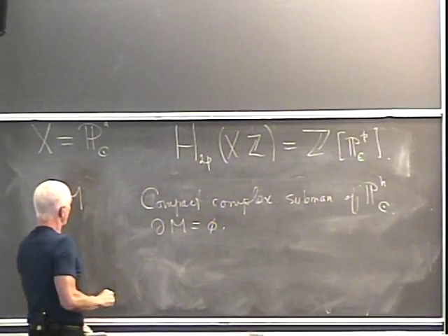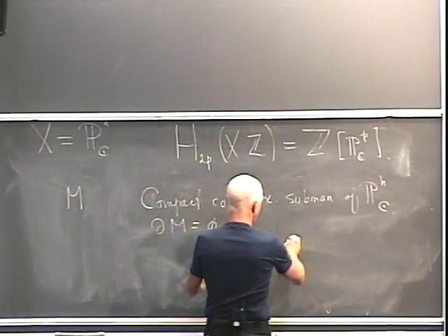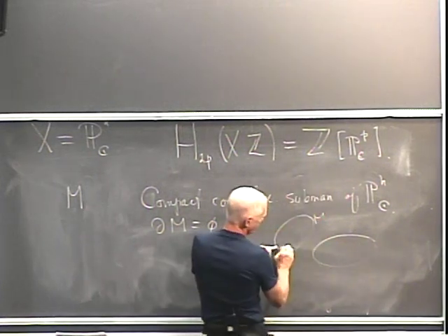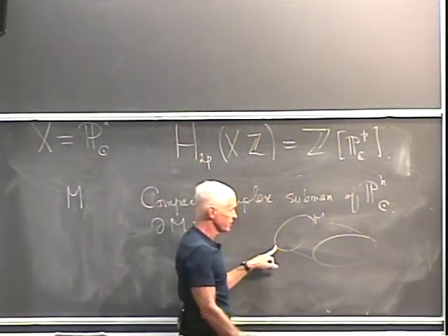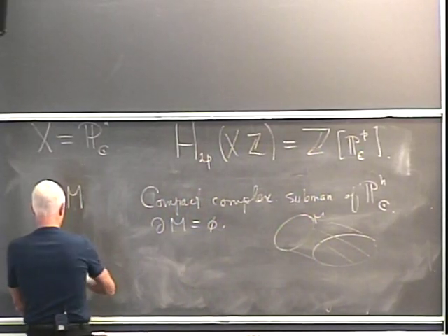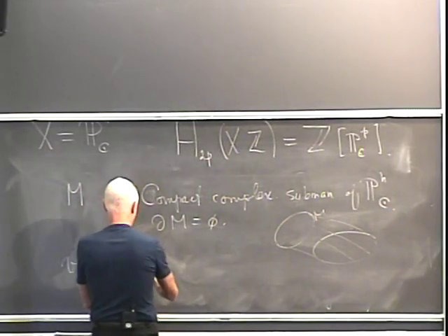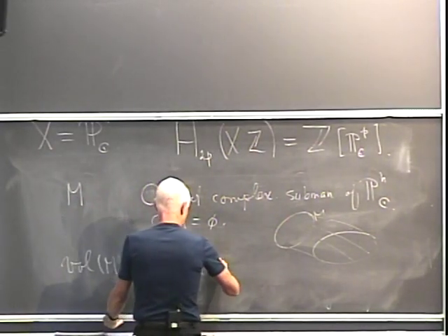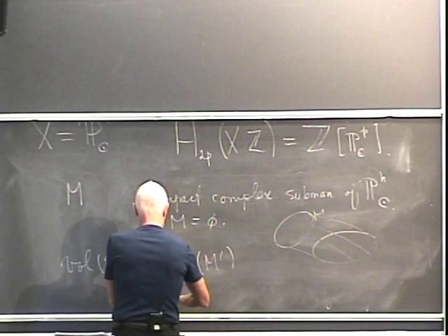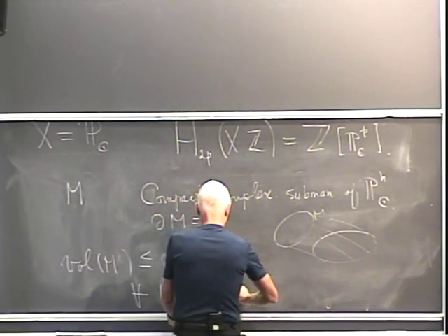Then when you say that M is homologically minimizing, it means that if I have some other M prime with the property that the two represent the same homology class, then the volume of M prime must be bigger. So the volume of M is less than or equal to the volume of M prime for any M prime in the same homology class.